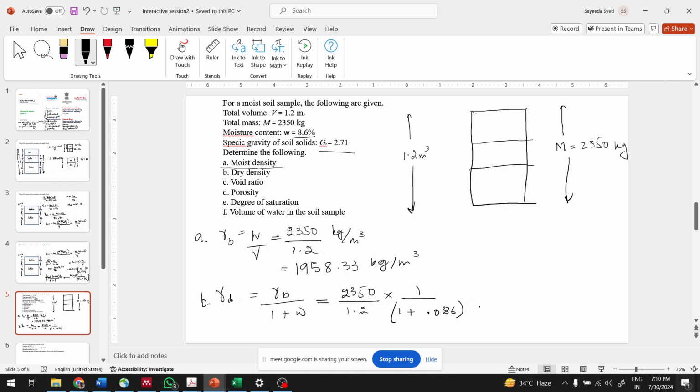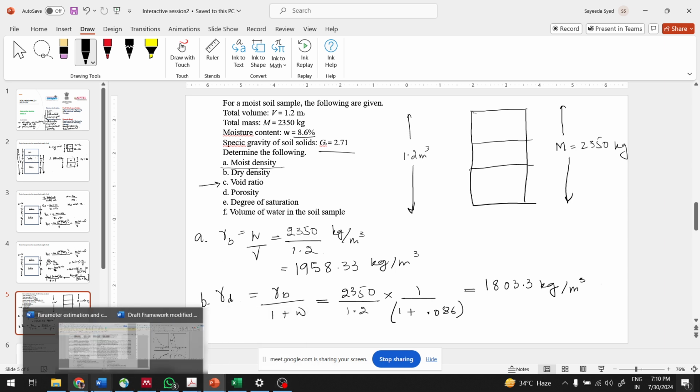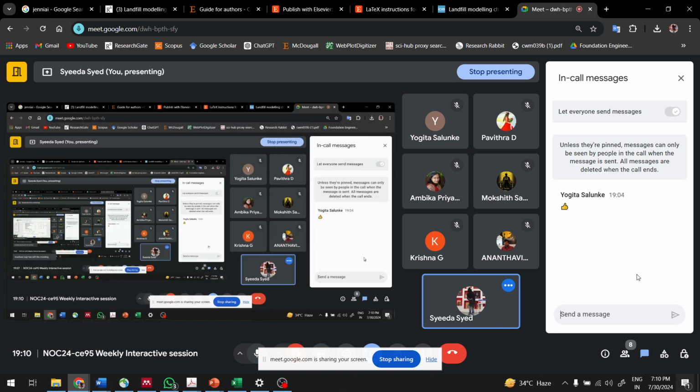Okay, let's calculate. This will be 1803.3 kg per meter cube. Okay. So anybody wants to calculate the void ratio? Can somebody tell me what the void ratio will be?